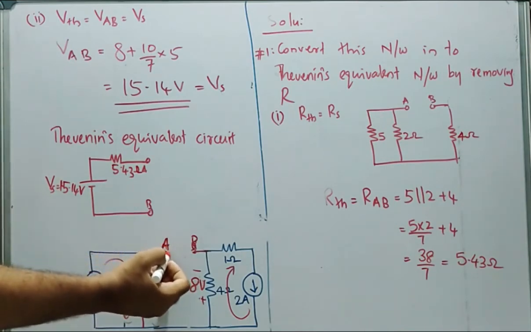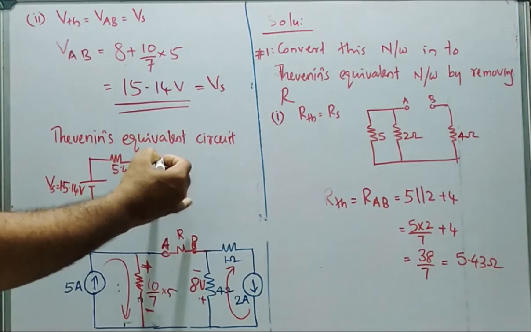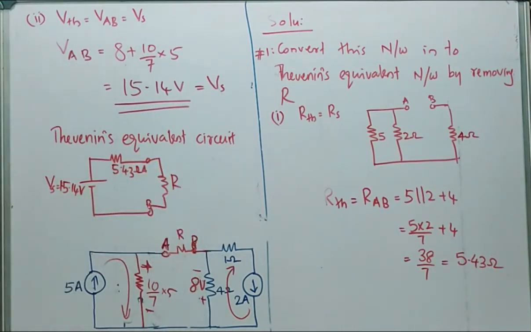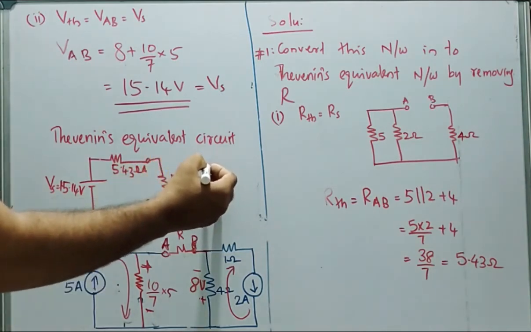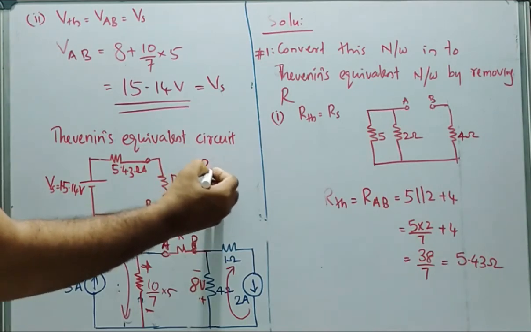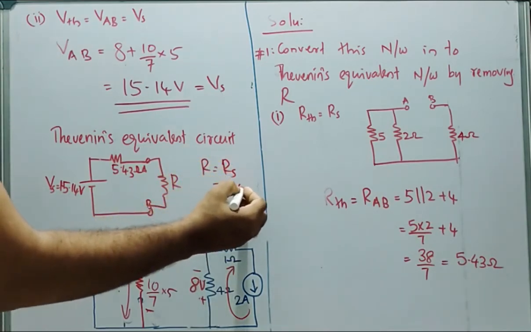Earlier we had the resistance RL, which we can connect here. So we know that under the maximum power transfer condition, source resistance is equal to load resistance. So in order to transfer maximum power through this circuit, R should be Rs, that is 5.43 ohm.